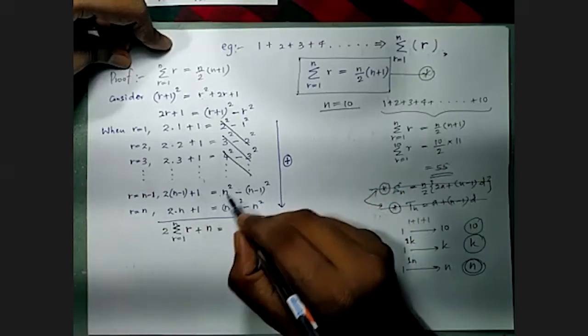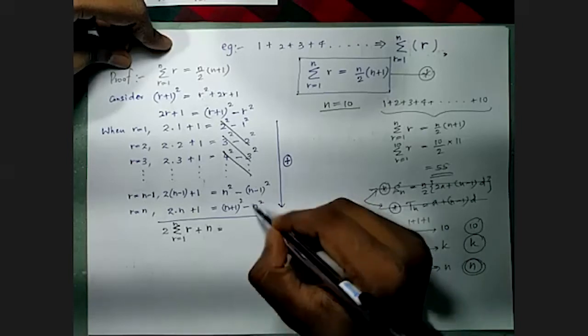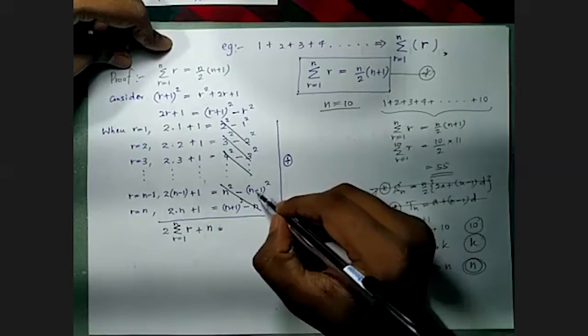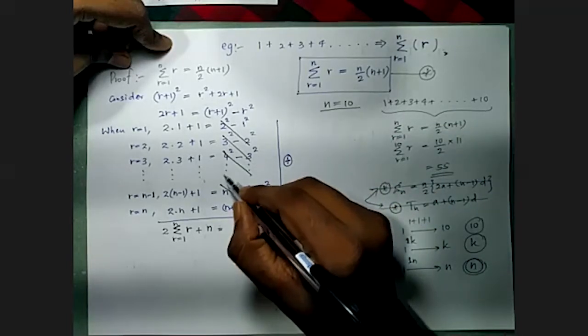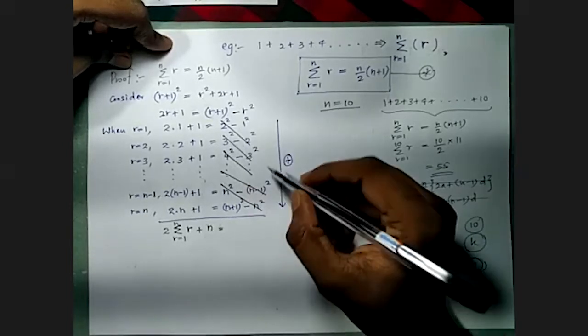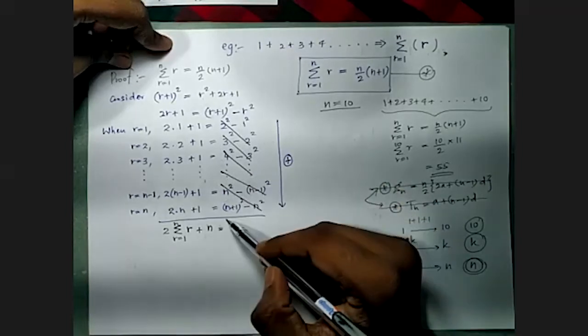Here we have plus n square. Next step we have minus n square. So when I add these two, I can cancel n square with n square. Similarly, this will be cancelled with this term. So you have to identify the pattern. Sometimes they get cancelled in this manner.